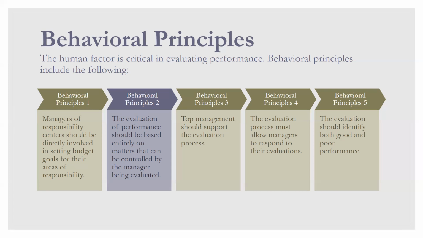Another behavioral principle is the evaluation process must allow managers to respond to their evaluations. Evaluation is not a one-way street. Managers should have the opportunity to defend their performance. Evaluation without feedback is impersonal and ineffective.